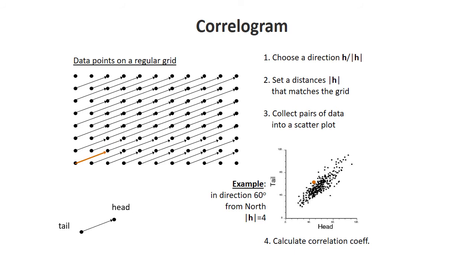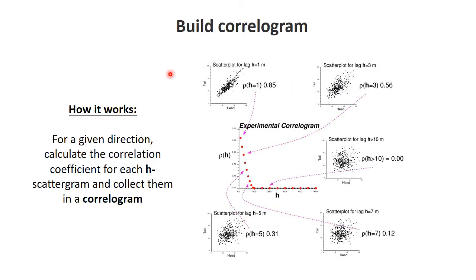Later, of course, I will start varying the angle. That is what we call a correlogram. If we do that for constant angle but different lag distances, we calculate this function, which is the experimental correlogram. And of course, I can repeat this for different angles, and I will get a different correlogram.